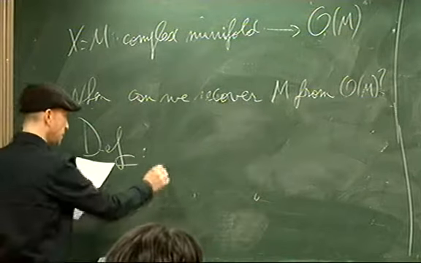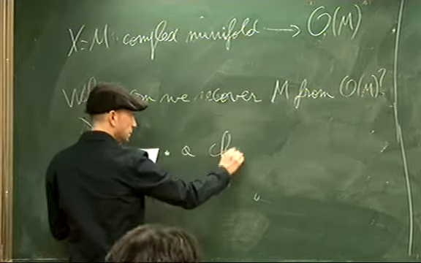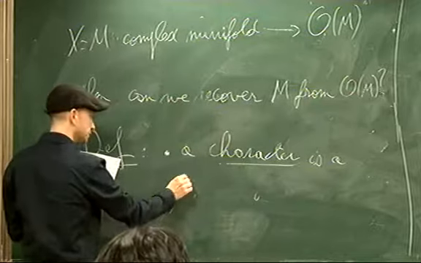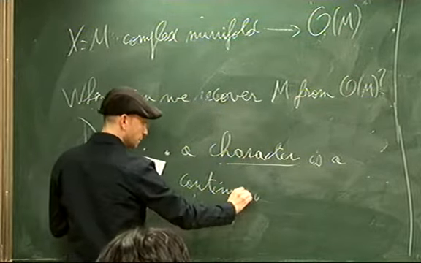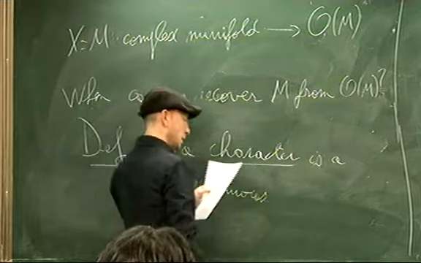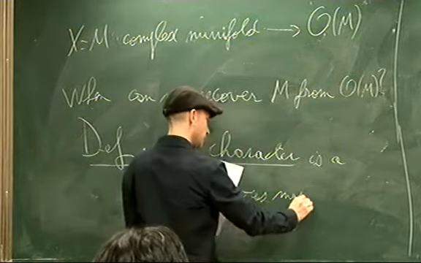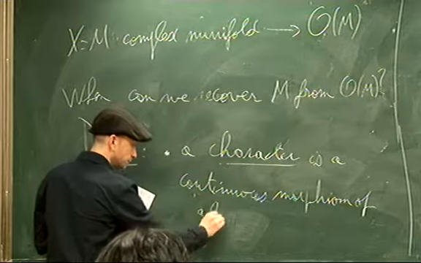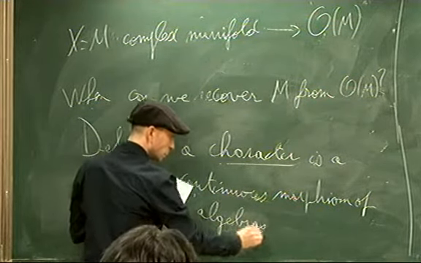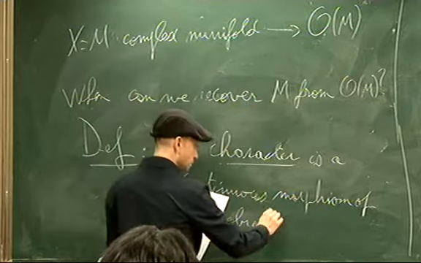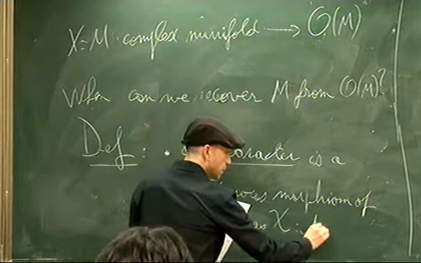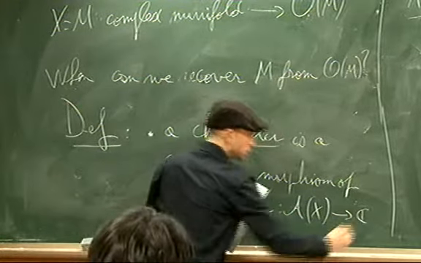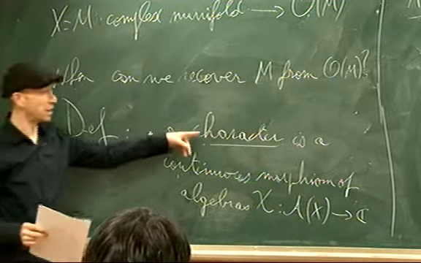Definition: a character is a continuous morphism of algebras chi from some topological algebra to C. So if I have a topological algebra, I define a character like this.